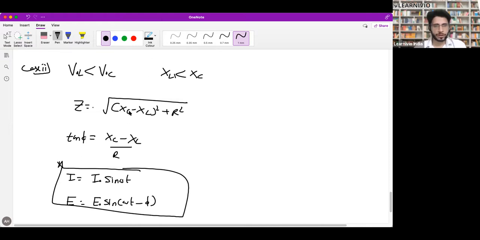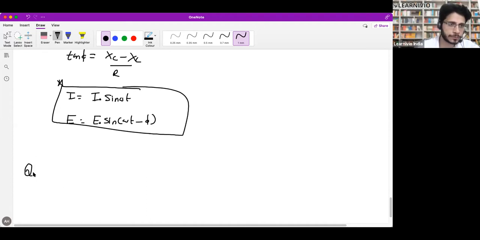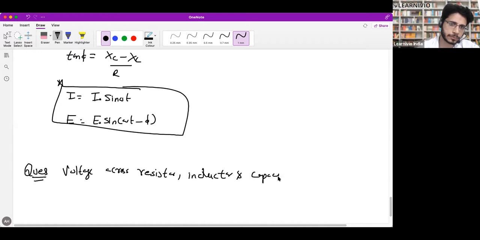Yes, sir. Okay, now let's solve a few numericals. Question number 1. It's given that the voltages across the resistor, inductor, and capacitor are 2 volt, 4 volt, and let's say 5 volt.